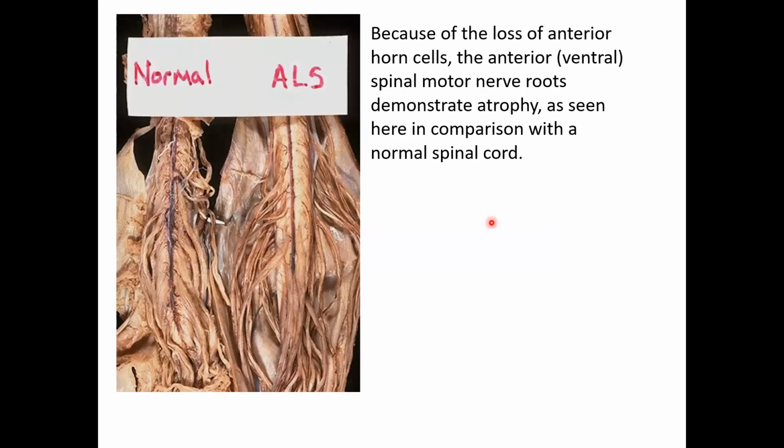Another degenerative disease is amyotrophic lateral sclerosis. وحكينا تسمية بتشرح المرض. So amyotrophic means إنه بصير في عندي muscle atrophy. Lateral sclerosis because it affects the spinal cord, the lateral, loss of anterior horn cells, anterior ventral spinal cord roots on the lateral aspects of the spinal cord.